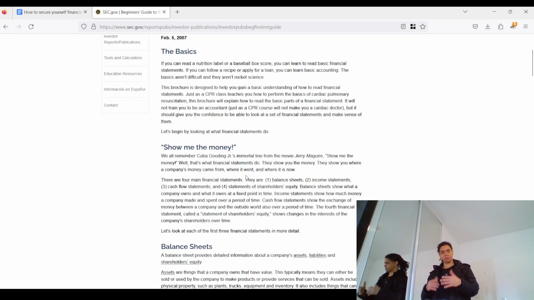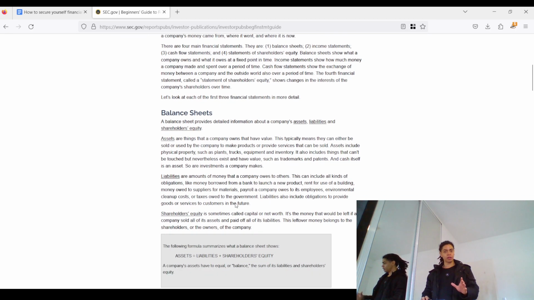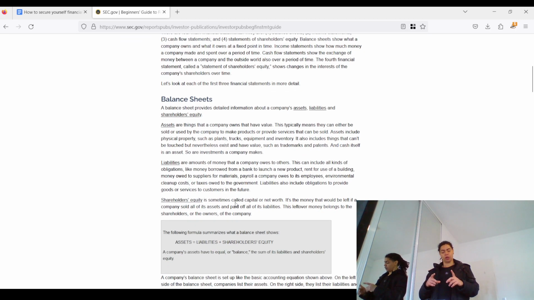All right, so first, the balance sheet. The TLDR is that it is a snapshot of the company's assets, liabilities, and shareholders' equity at a point in time. Assets are anything that a company owns that has value, whether tangible or intangible.